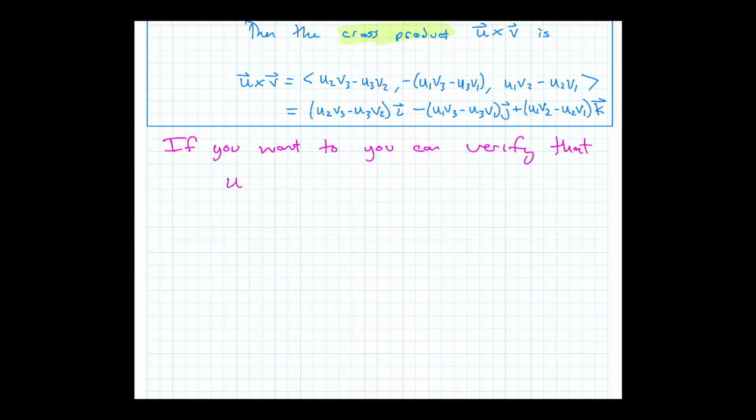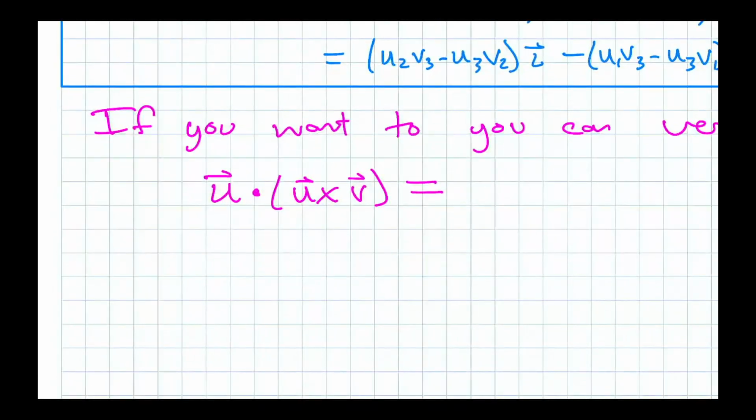You can verify that U dot U cross V, what should that get you? Think about it. So look at this for a second. This is a dot product. This vector, by definition, is orthogonal to U, right?